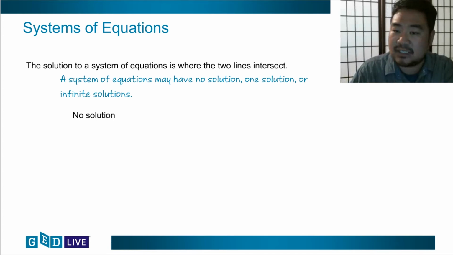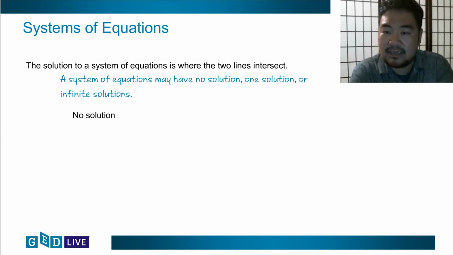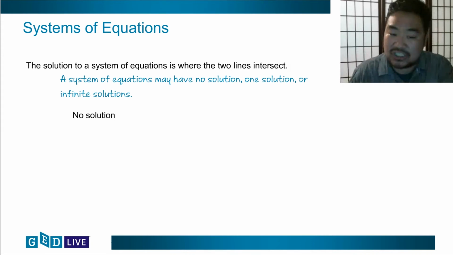So if two equations have no solution at all, what does that mean about those two equations? If you were to draw them on a coordinate plane, go ahead and type that in, please. What would you notice about the two lines that represent the two equations if you're given that the two equations have no solution? Well, if there's no solution, then that means there's no point of intersection.